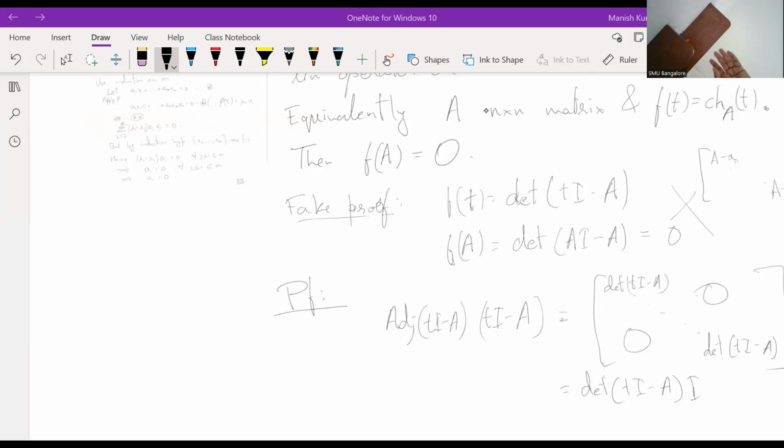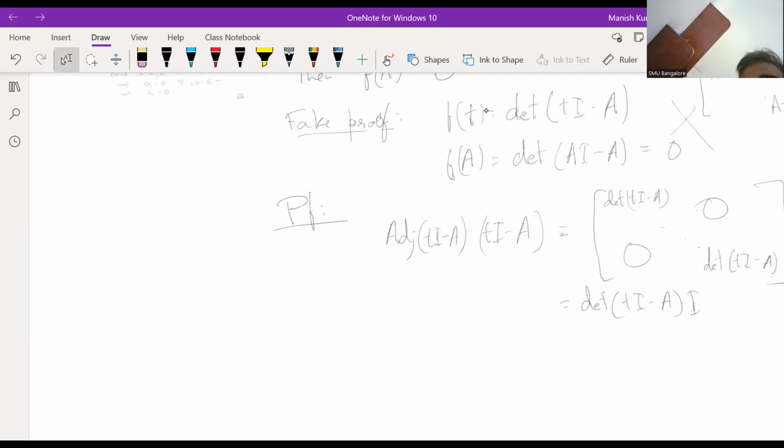At A12 you remove the first row and the second column, compute the determinant and multiply by minus 1, and so on. So that is the adjoint matrix. So we have this property that when we multiply by the adjoint of this matrix to tI minus A, we get this.